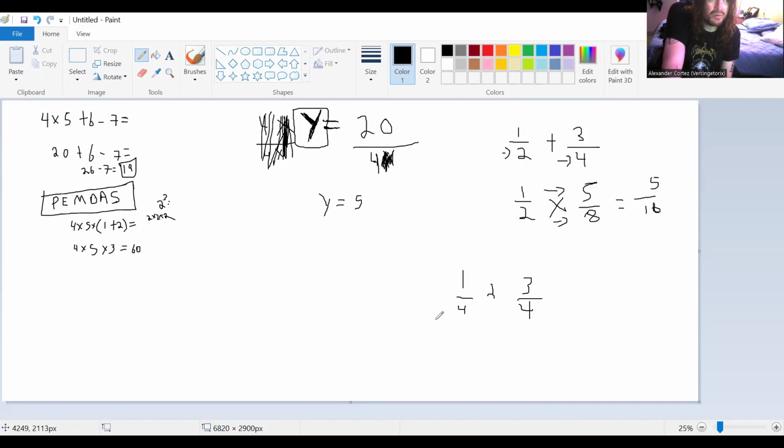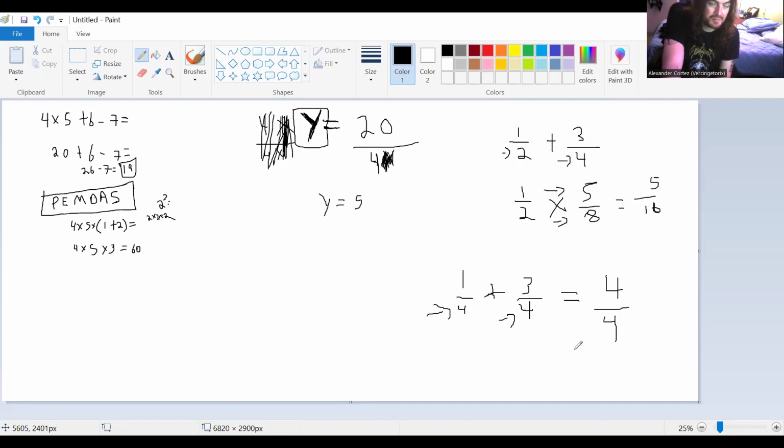If both denominators, the bottom numbers, are the same, then you can add the top numbers, the numerators, but the denominator stays the same. So 1/4 plus 3/4, 1 plus 3 is 4, and the bottom one just stays the same.